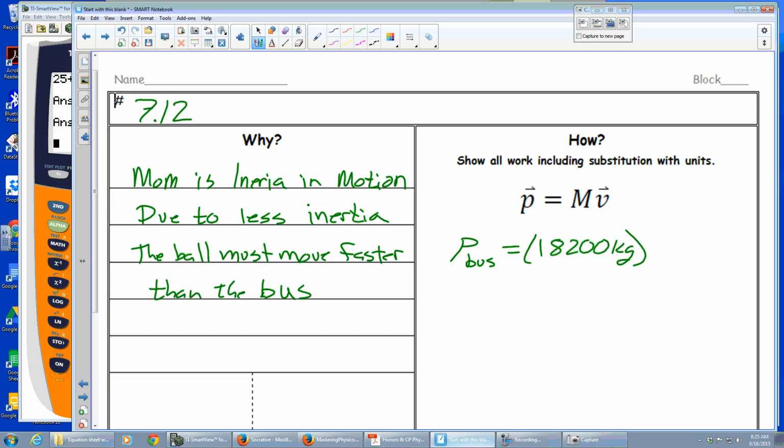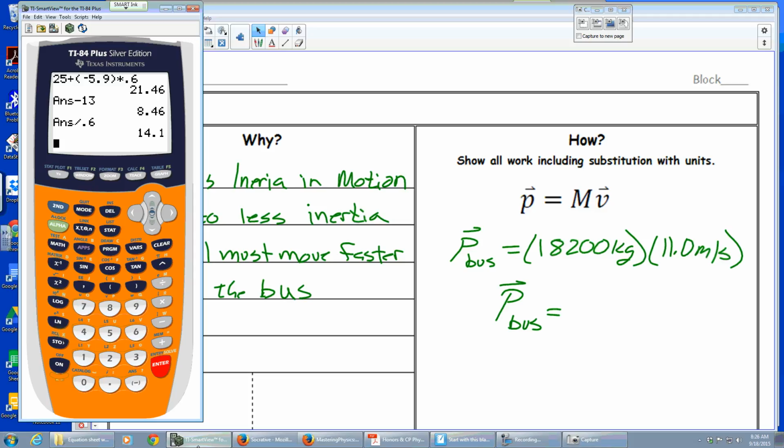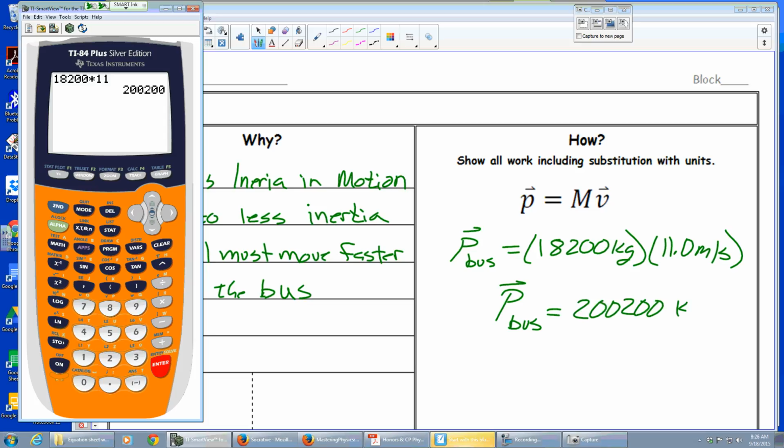I'm assuming that these are both moving in the same direction, so its velocity is 11.0 meters per second. 18,200 times 11, I get 200,200 kilogram meters per second.